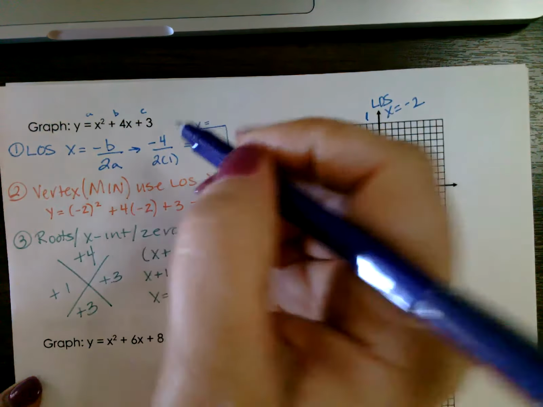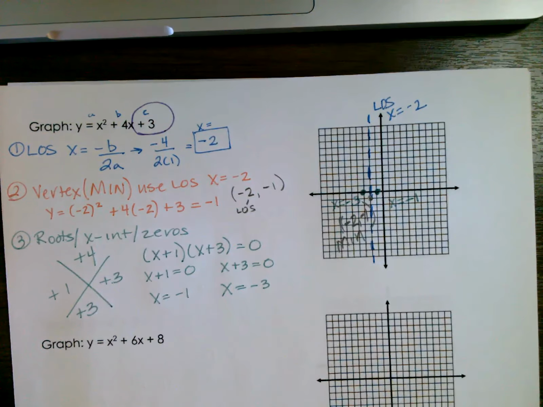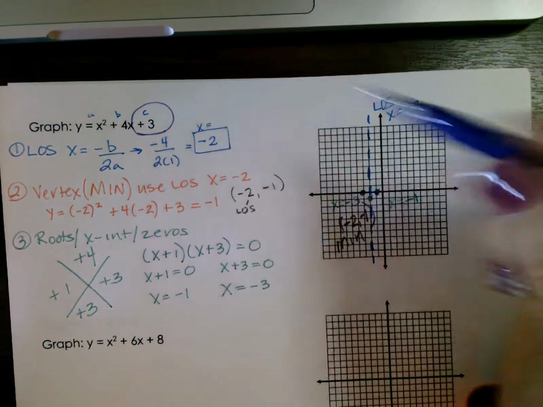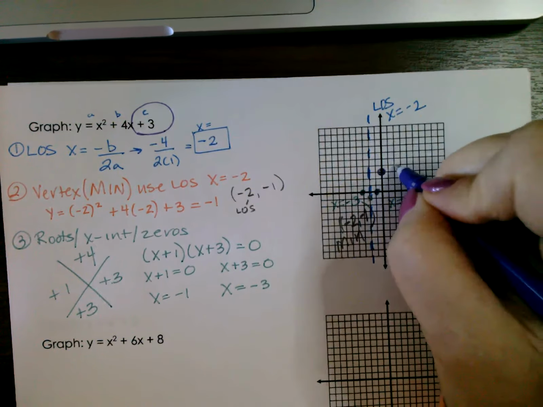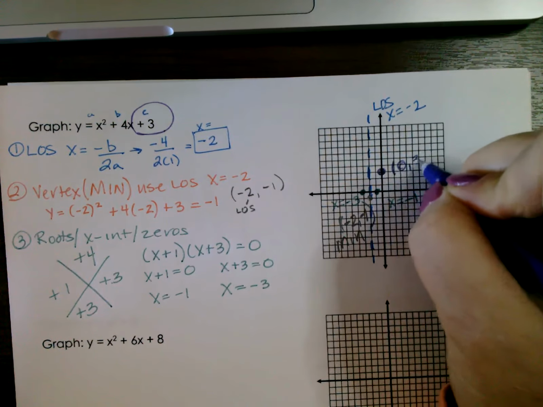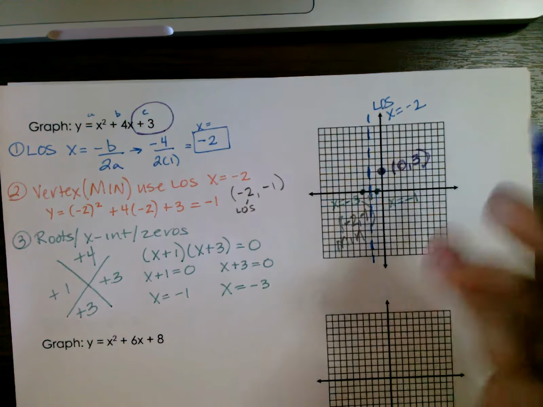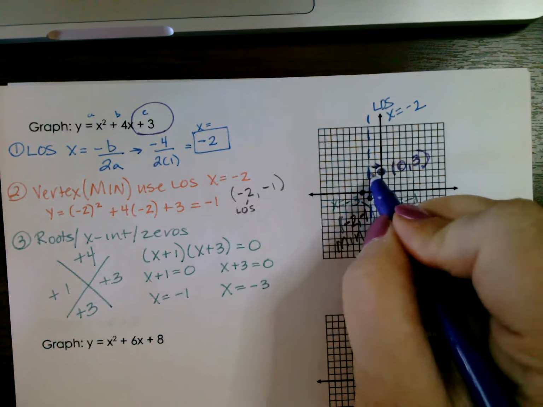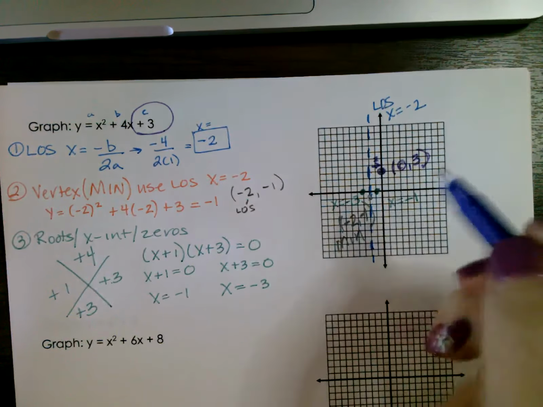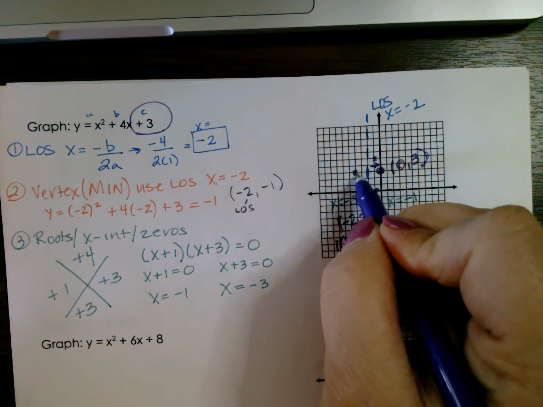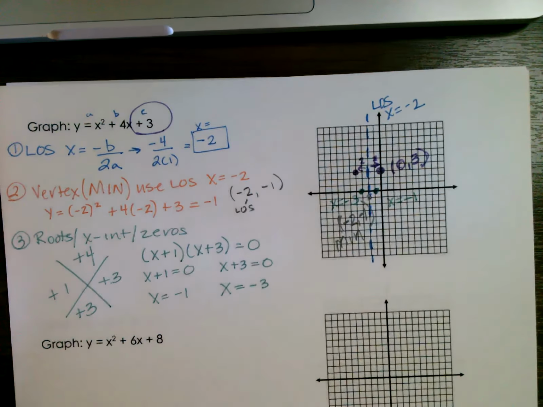On this graph, though, we're going to add in the y-intercept because it fits. The other numbers were bigger than our graph. This is the y-intercept, so 1, 2, 3. Right there is the ordered pair 0, 3, because that is the y-intercept. That is 2 units to the right of my line of symmetry, so I know 2 units to the left, I will have another point.